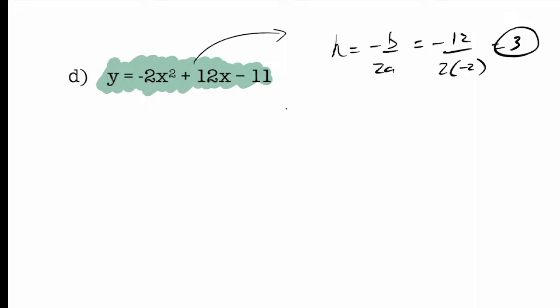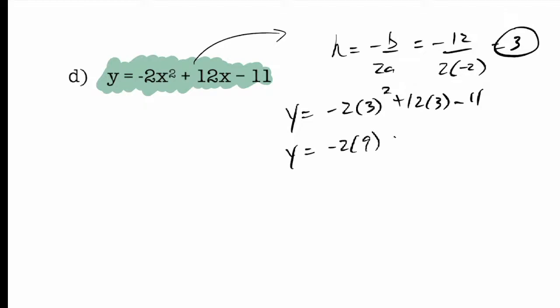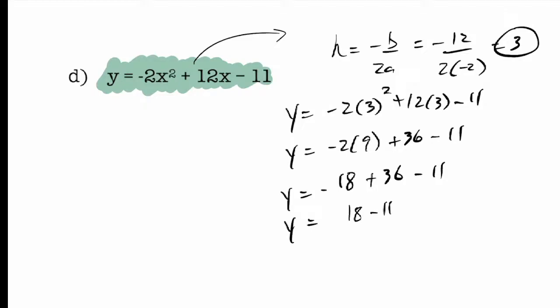To find your k value, we talked about this in class today, I believe. You're going to sub it in. I did the negative b over 2a to get my h value, which is 3.